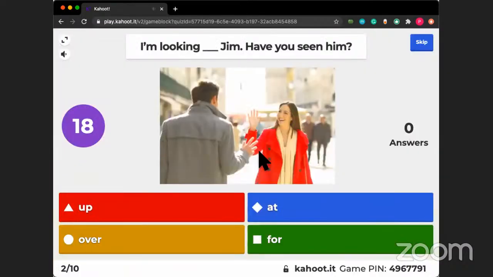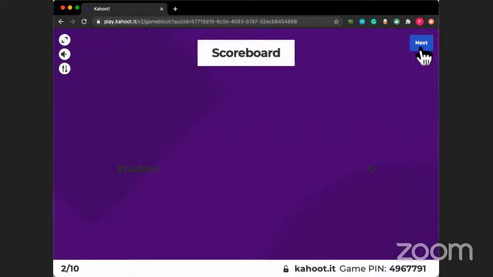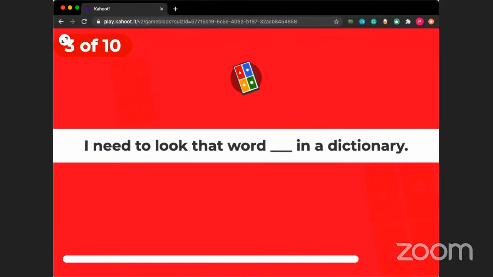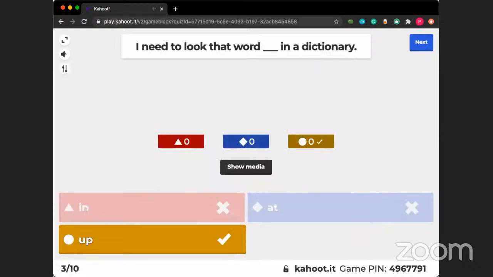I'm looking for G. You see him? I need to look that word up in the dictionary.